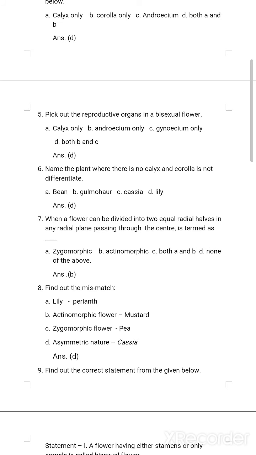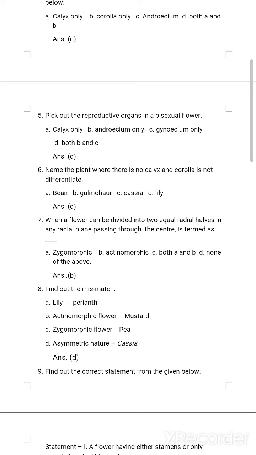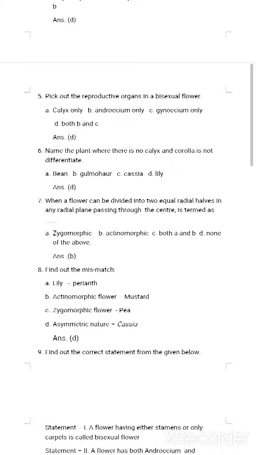In this question, they asked about reproductive organs. So what are the reproductive organs in a bisexual flower? They are both androecium and gynoecium together, called reproductive organs. They are meant for production of gametes, male and female gametes separately, and useful for fertilization. So the correct option is option D.